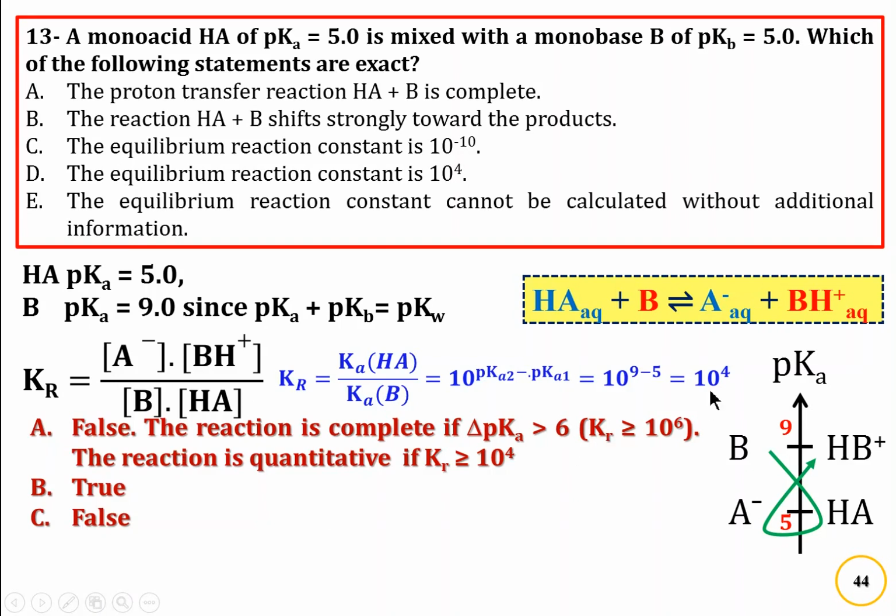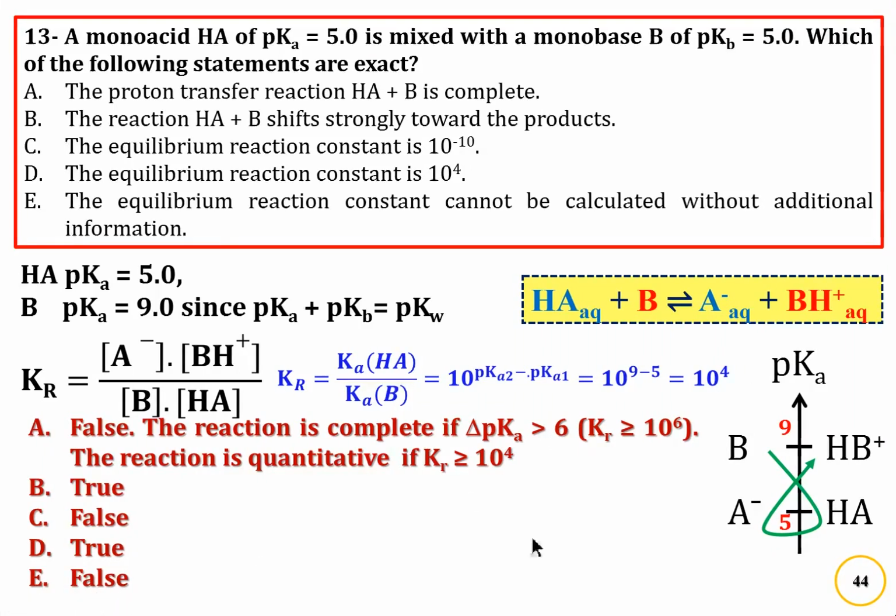This is false. We calculated Kr equal to 10 to the power 4. D, this is true. And E, the equilibrium reaction constant cannot be calculated without additional information. This is false. So the correct answers are B and D.